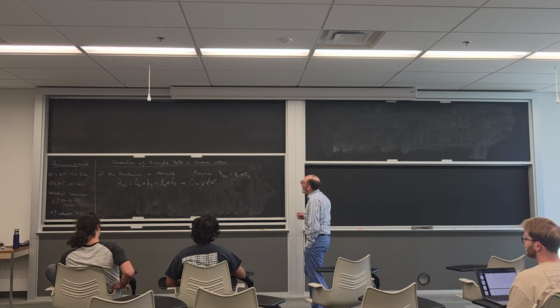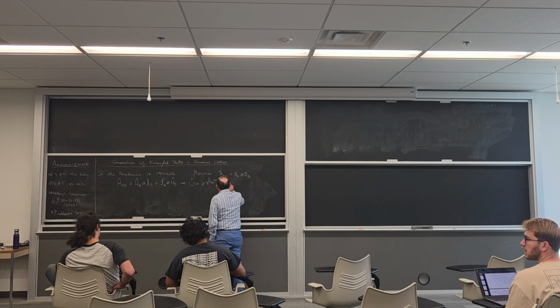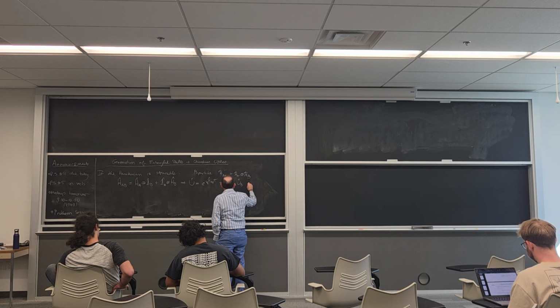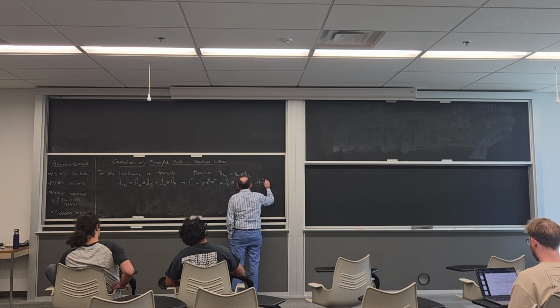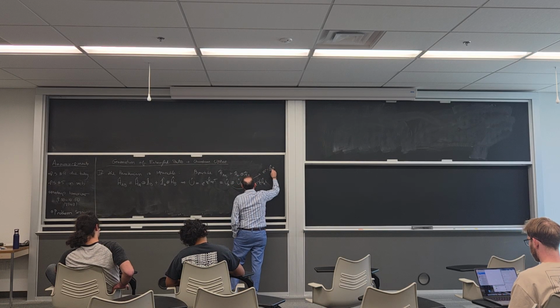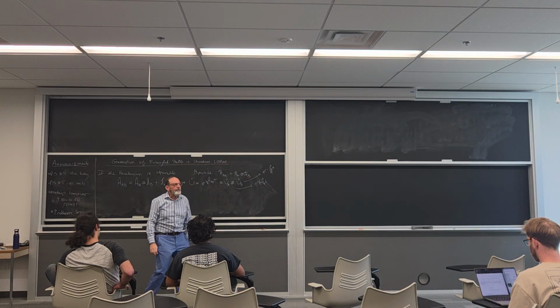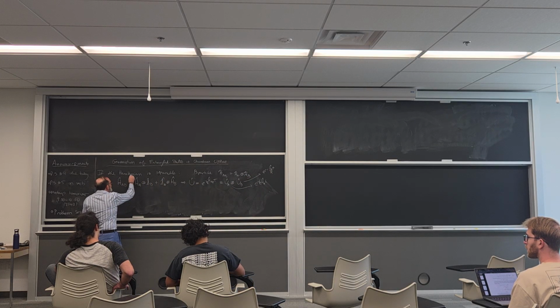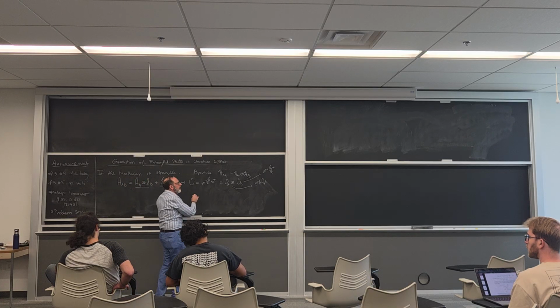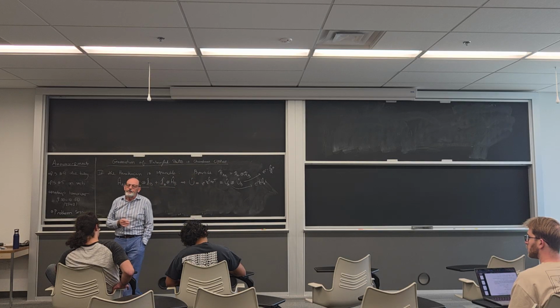It's a product of unitaries: a unitary that acts on subsystem A, and similarly the time evolution acting on subsystem B. So if my Hamiltonian acts separately on the two subsystems, then the unitary evolution is a product of unitaries on the two subsystems.